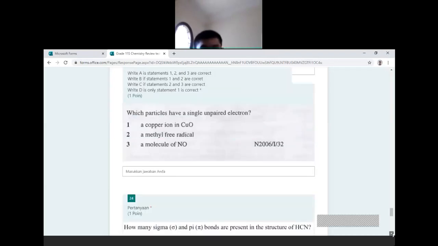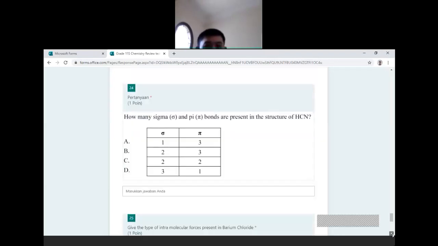Okay, next, number 24, how many sigma and pi bonds are present in the structure of HCN? We know in HCN the central atom is the carbon atom.